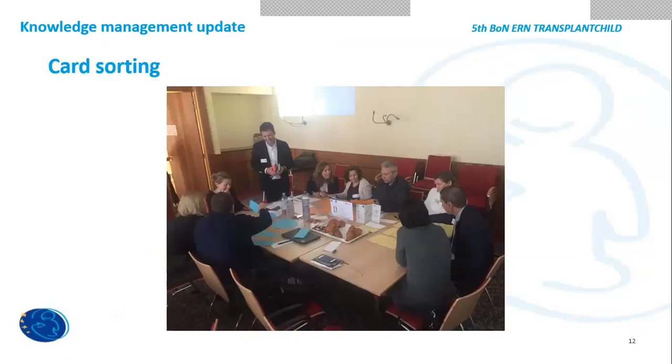And the last activity regarding this knowledge organization, this taxonomy, was card sorting. So we distributed the people in the working group into separate subgroups, and we gave them cards. This is a technique called card sorting.